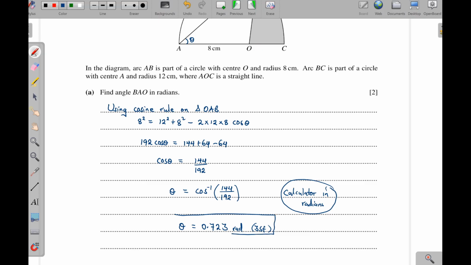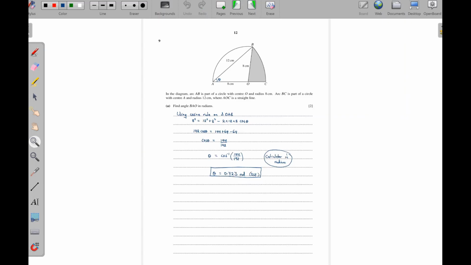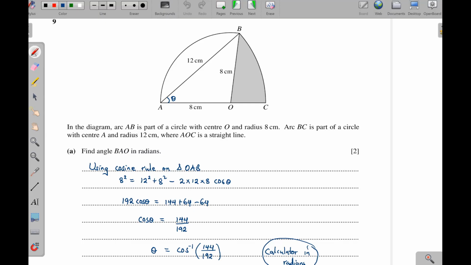Now, find the area of the shaded region. To find the area of the shaded region, by looking at what is here, I'll get the area of this sector ABC minus the area of the triangle. You see that?